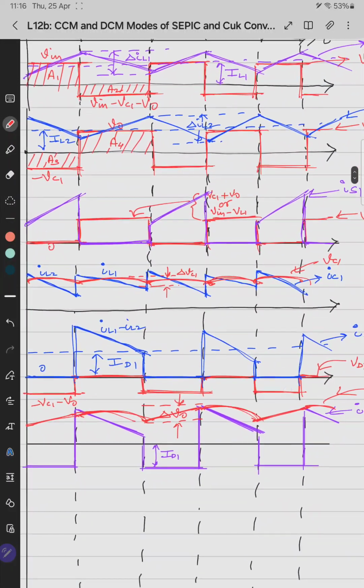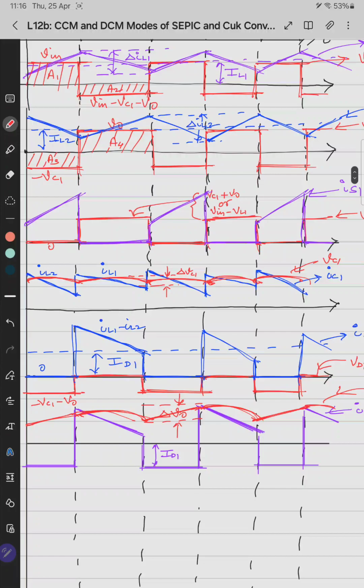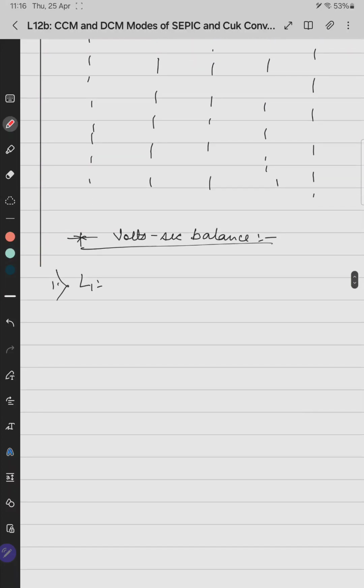So A1 equals A2 and A3 equals A4. So Vin into T switching equals Vin minus VC1 minus V0 into this.